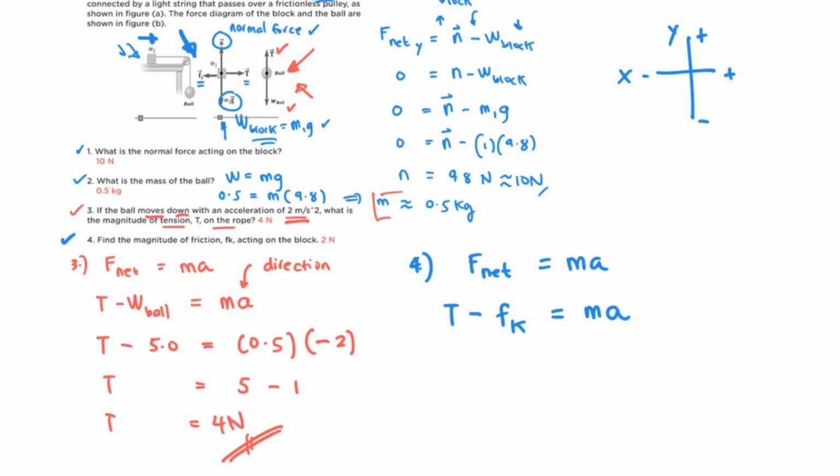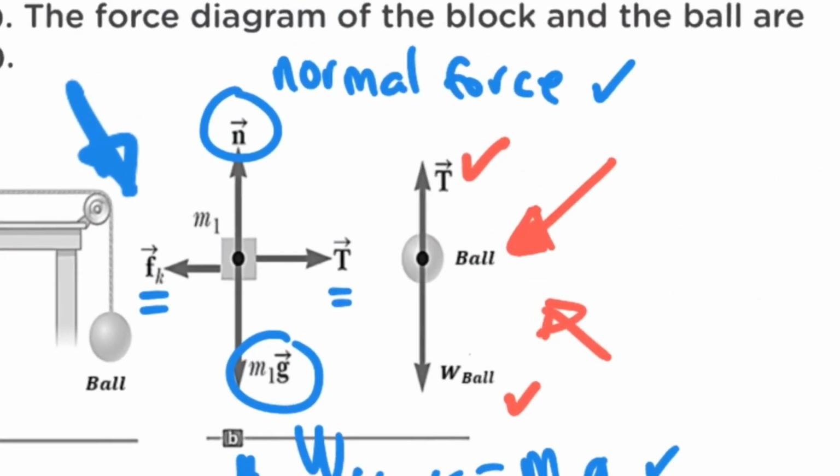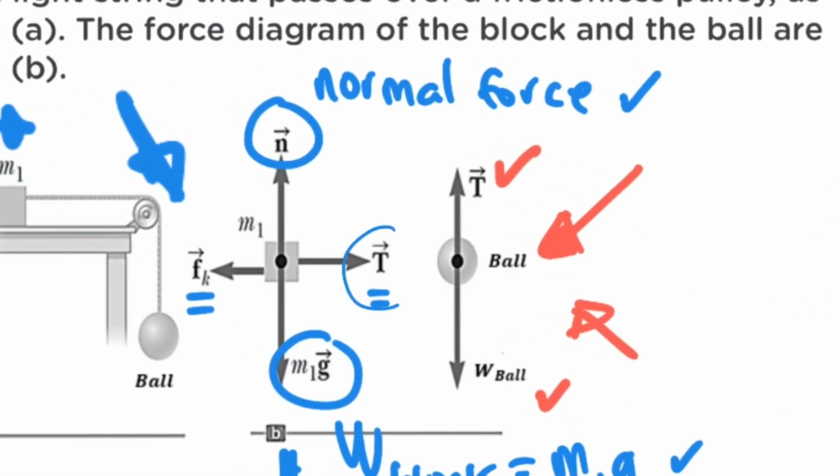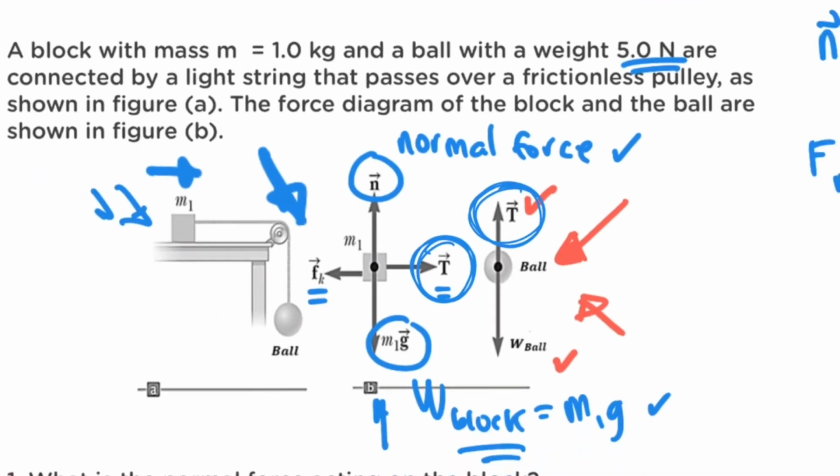All right, so this tension that we have in number 4 is equal to the tension that we have in number 3. So if we look into this diagram, this tension right here is equal to the tension that is acting on the ball. Always remember that if they are connected with a single string, the tension on the string is going to be equal for both objects.